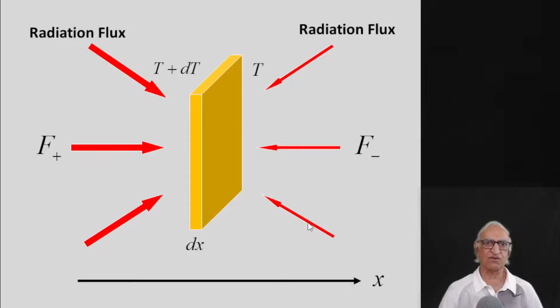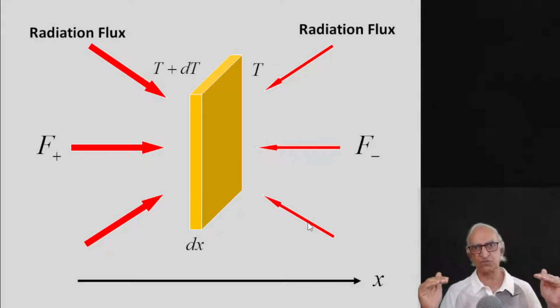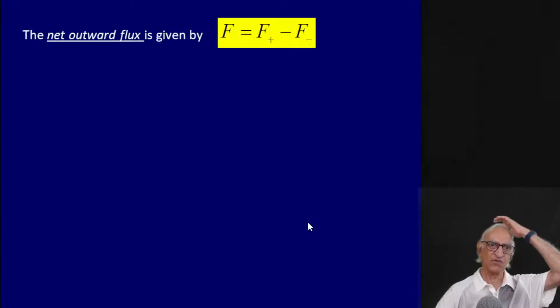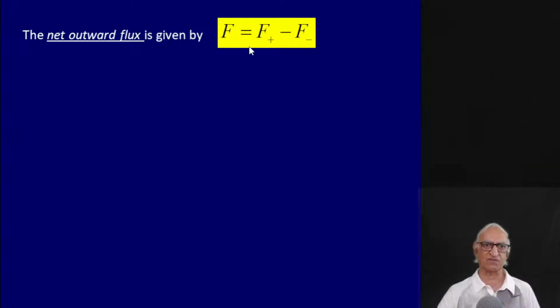Very good. Now, let us consider the real situation where there is flux incident both from below and from above, shown in this picture as coming from left to right. So imagine this figure being rotated by 90 degrees. Therefore, there is a net outward flux, which is F plus minus F minus.